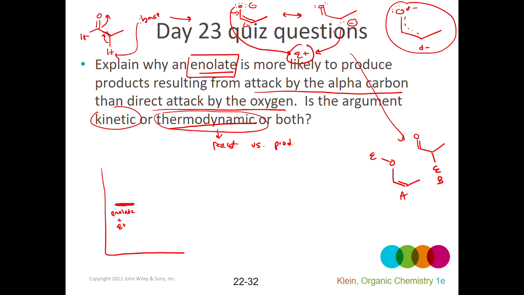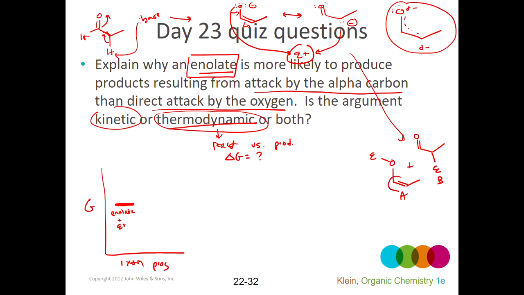Once it does that, if I'm interested in the thermodynamics, I'm interested in delta G. And delta G is determined by comparing the free energy of the reactants versus the free energy of the products. And I have two different products with different energies. Their entropies will be pretty similar, so that's probably not going to be a big factor.